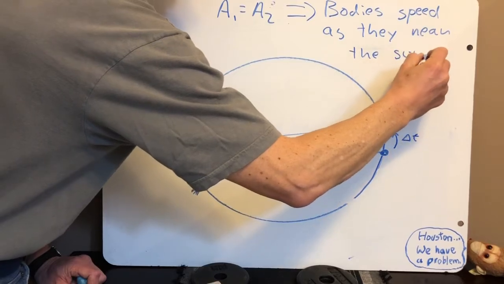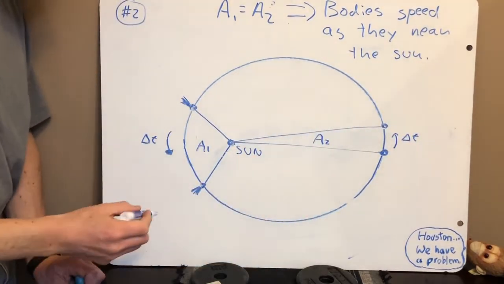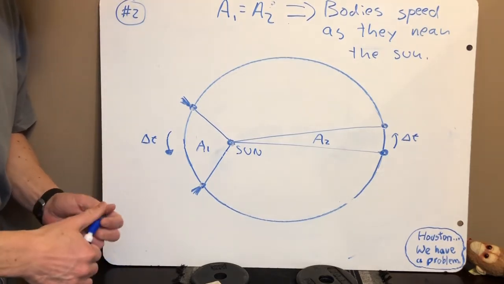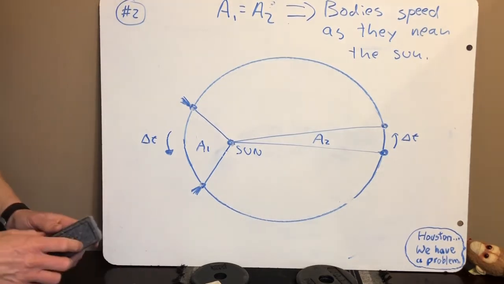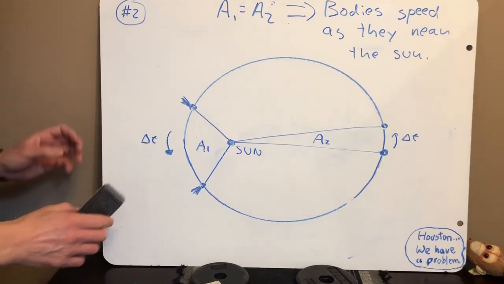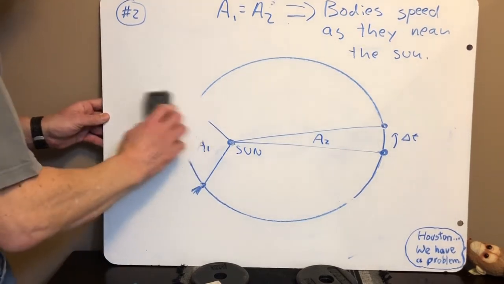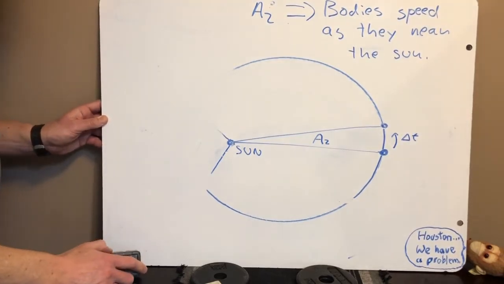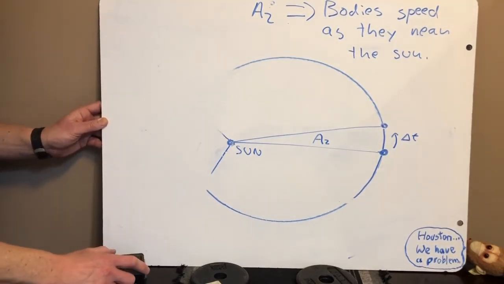The closer they are to the sun, the faster they go. Likewise, the further they are from the sun, the slower they go. And I think that is all we need to do with regards to Kepler's second law. We'll take a look at Kepler's third law in just a bit.